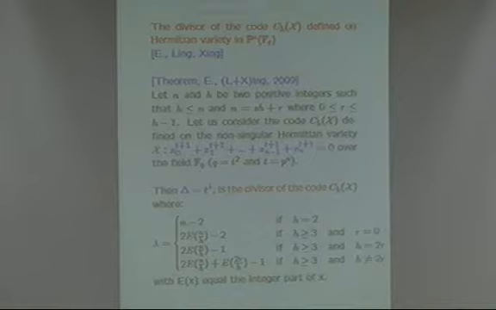When we study a code on a non-singular Hermitian variety in Pn, we find that all the weights are divisible by t to the power lambda, where lambda has this value, and E is the integral part of n over h. This is our big theorem obtained in Singapore.